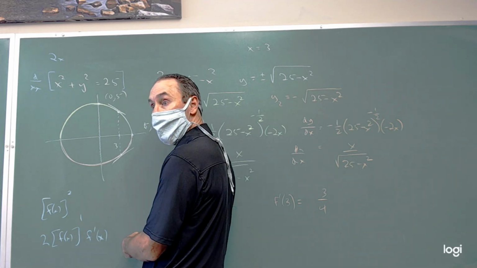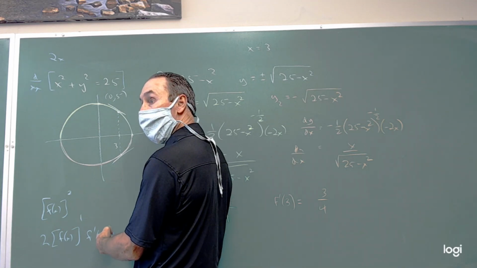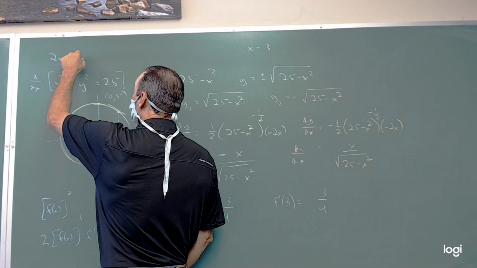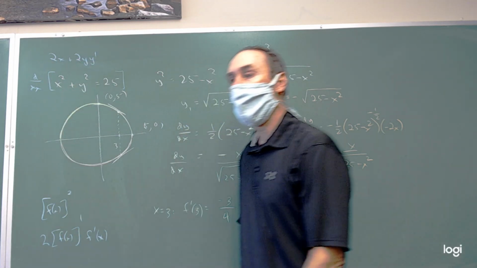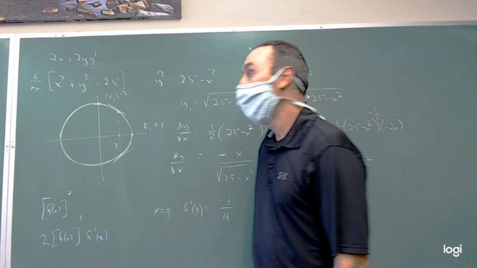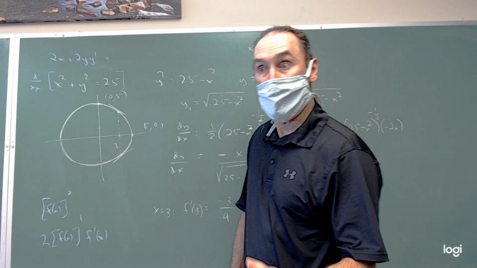That's our chain rule. But we're not going to call that prime. We're just going to call it y prime. So we're going to get 2 times y to the first, and then the derivative of y, I don't know what it is, I'm just going to call it the symbol y prime. And then on the other side of the equal sign, the derivative of a constant is 0.